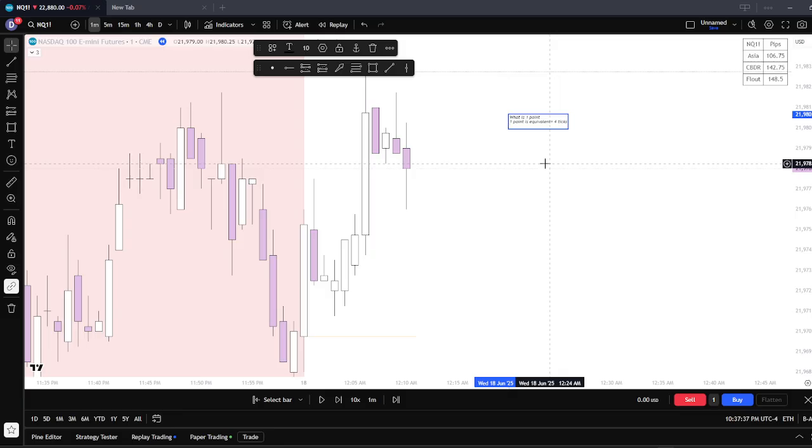Now, what does this mean? Like, what is a point? What is 4 ticks? 1 point is $1. That is what it is. So if price went up from 980 to 981, you could say price moved up 1 point. You could also say that price moved up 4 ticks, since 1 point is 4 ticks.